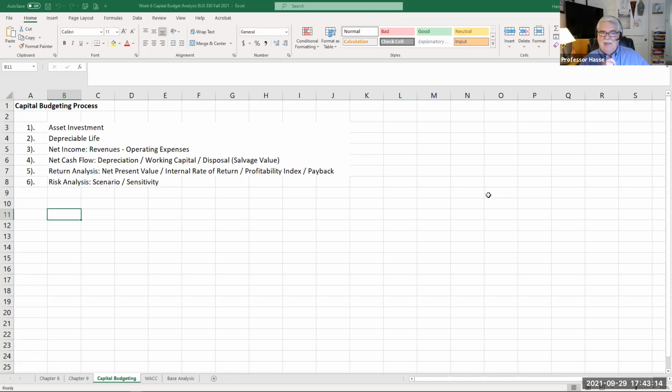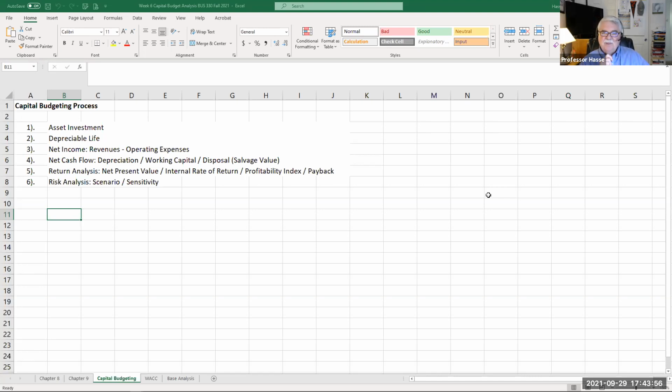Then once we determine that, we determine the 4 returns on an investment analysis that we practice: net present value, internal rate of return, profitability, and payback. And finally, we do a risk analysis. What if our variables change? Can we still salvage this investment? Now, the good thing about this list, you only have to know 5 of them. The risk analysis you don't have to worry about. We're just going to cover the first 5.